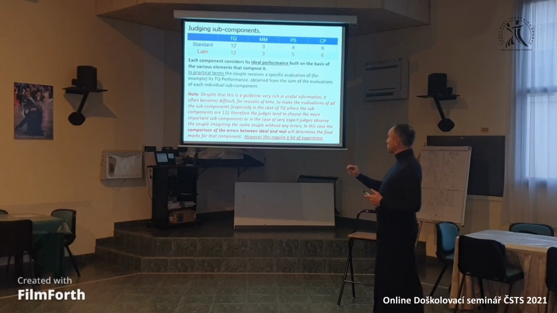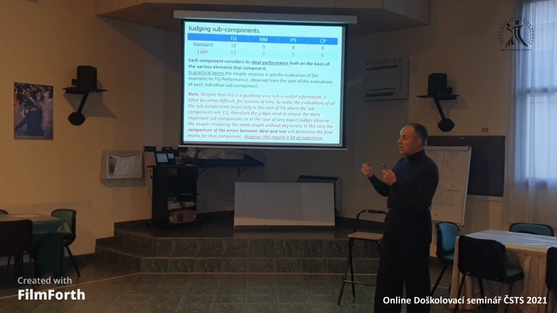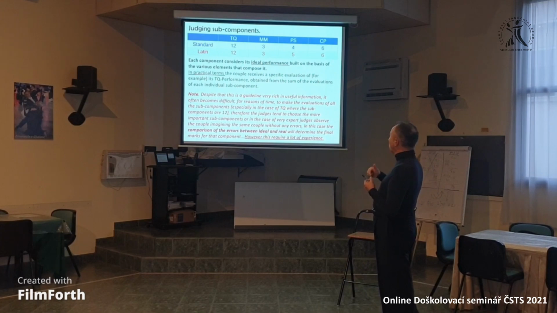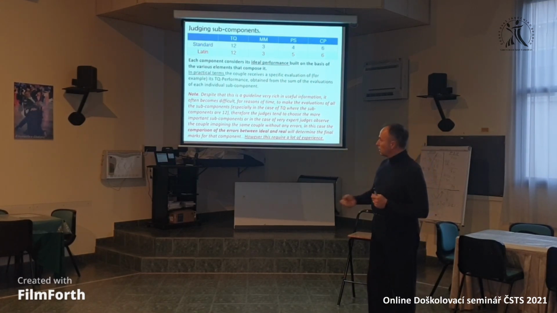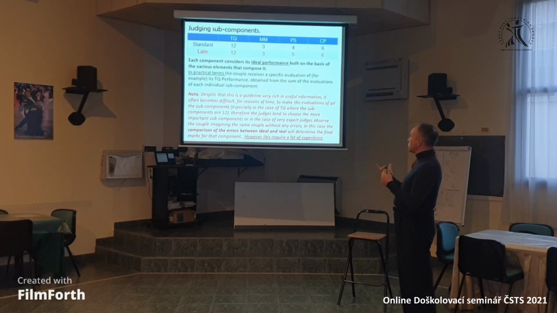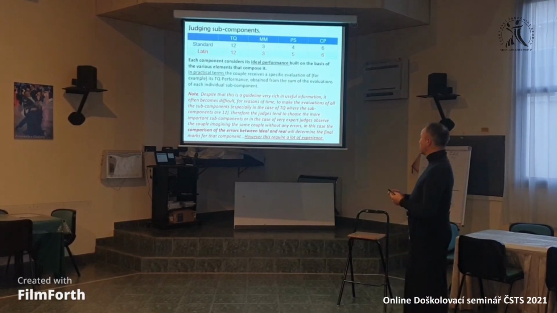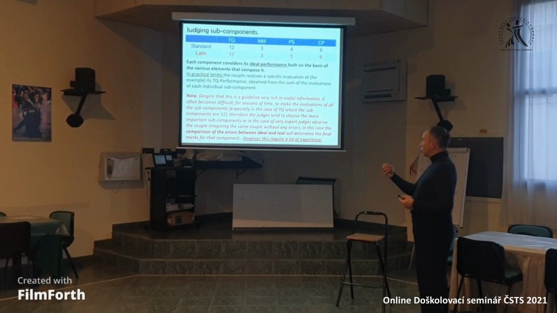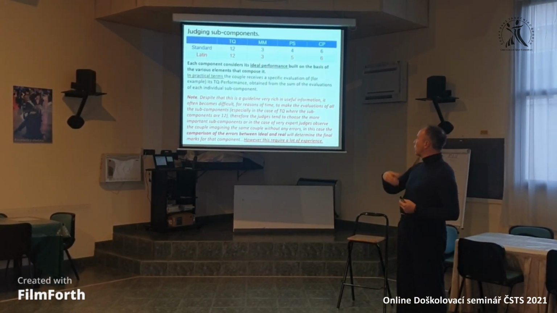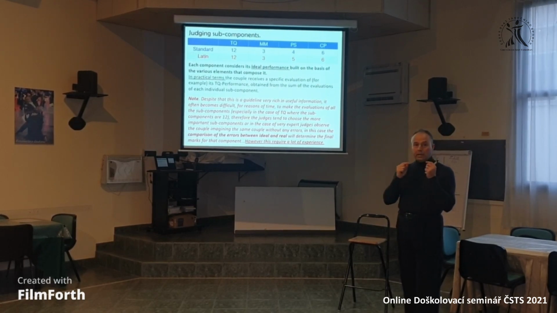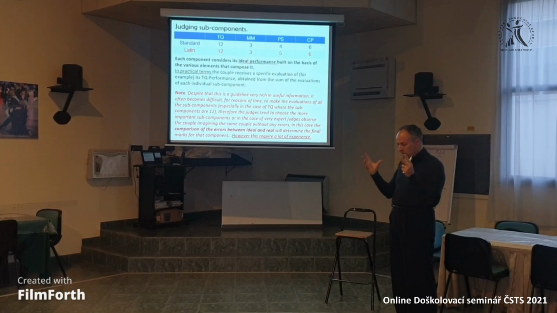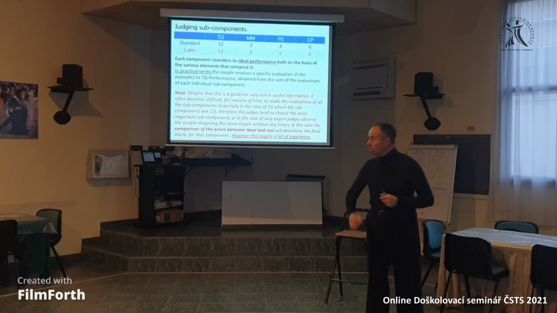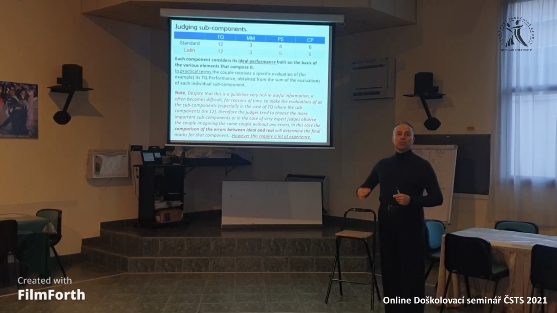Each component considers its ideal performance, built on the basis of the various elements that compose it. What does it mean then? In practical terms, the couple receive a specific evaluation. For example, we consider the technical quality performance obtained, and that is important. So if you consider the components, say, which is the final mark? The final mark is the sum of the evaluation of each individual subcomponent.